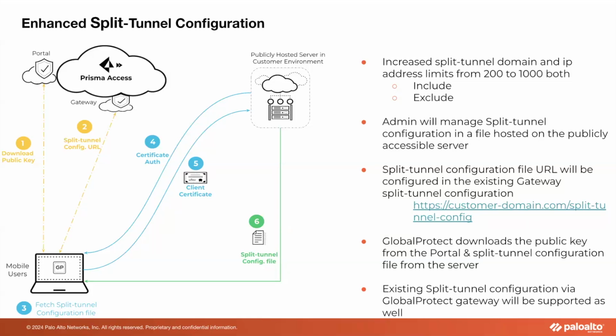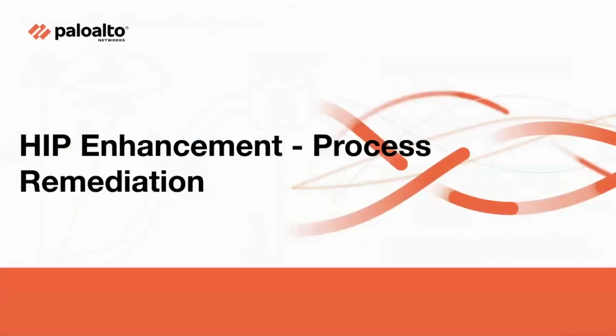So basically, with this, we have removed the limit of 200, and you can configure the split tunnel configuration onto a signed file that you can host in a publicly accessible location, such that the gateway can access this. All of this configuration will be downloaded from the portal to the agent, the agent will download the file from the location that is mentioned, and the split tunnel configuration will be applied. So this is the enhancement that we have as part of the split tunnel configuration.